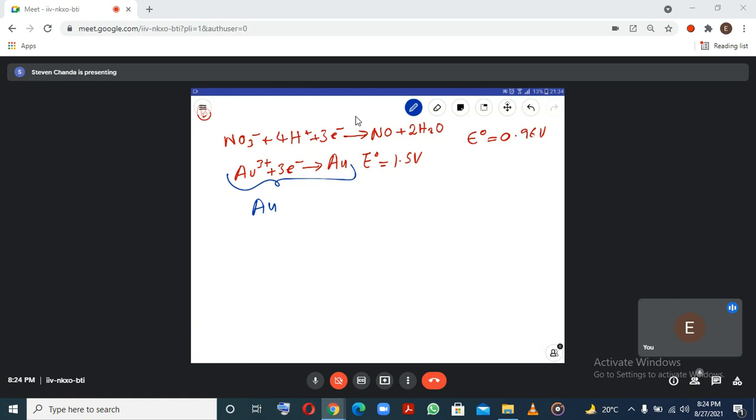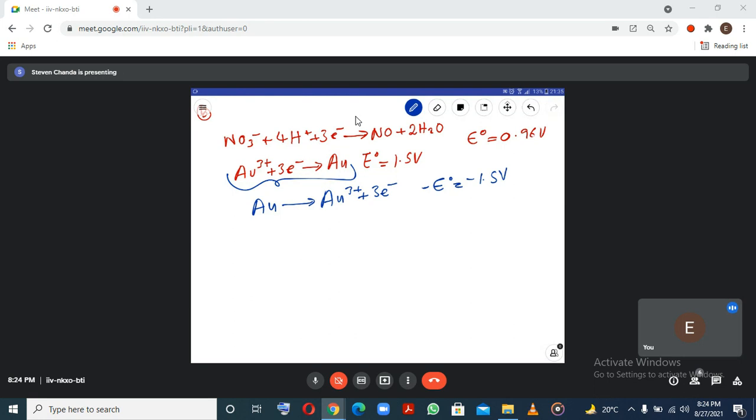Because it's this solid which is dissolving, we are trying to find out whether it's able to dissolve. So the E has changed to negative 1.5.